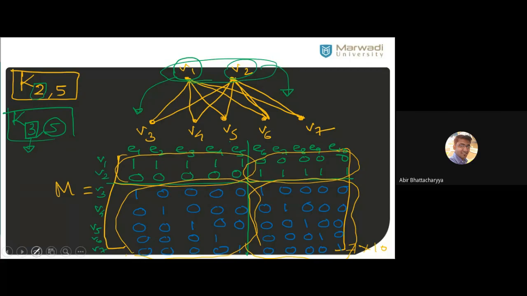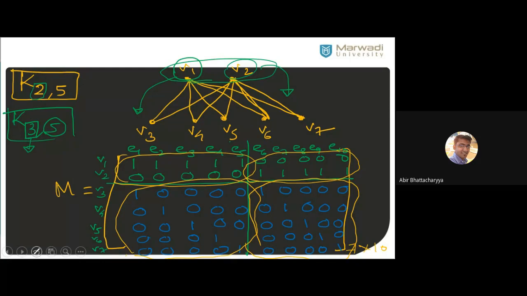Right? So what should be the structure? What should be the blocks? How many blocks would be there in the matrix? Tell me. K46 means 10 rows, 24 columns. Think about that.